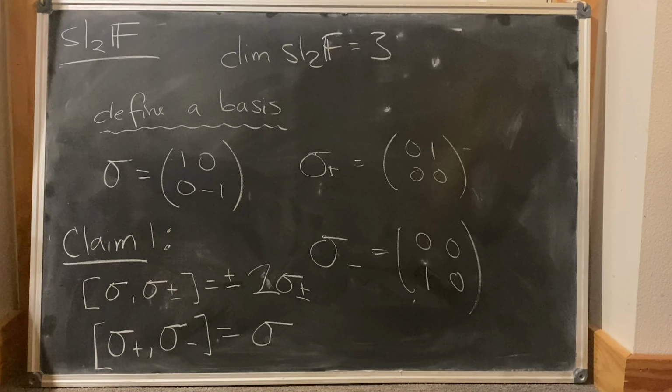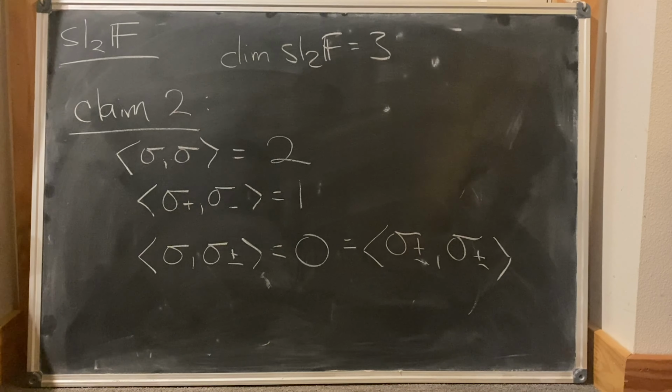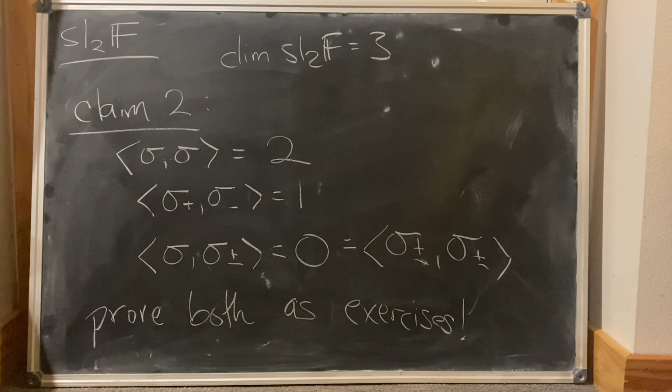Today's first claim involves the Lie bracket of these Chevalley basis elements, and the second claim involves their inner product. Note that this is clearly not an orthonormal basis. Since today will be full of technical details, you might pause here to verify these simple claims by direct computation.